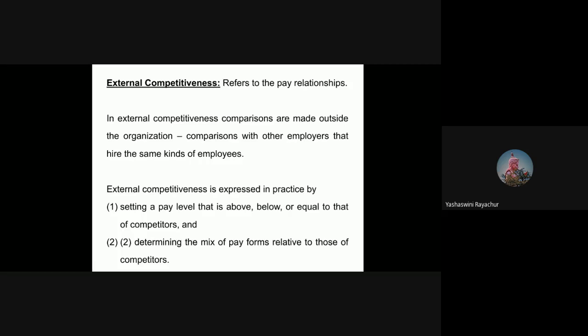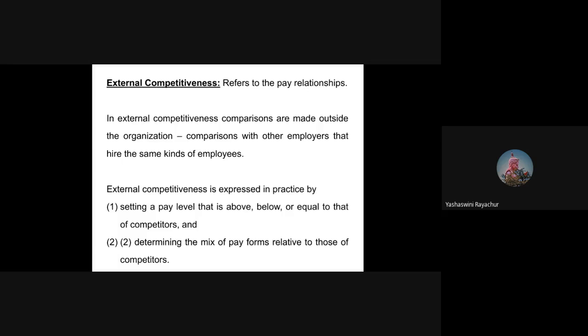Now both of them may have a similar position in the same organization, and we compared them to see who is better than the other, which type of job has more risk and which has less risk. So we did the comparison within the same organization, between the jobs within that organization.